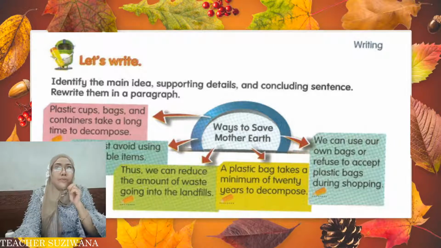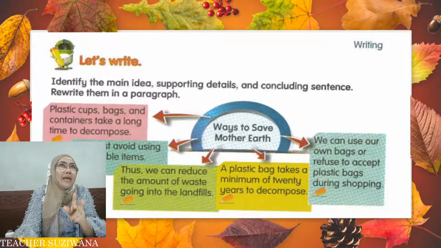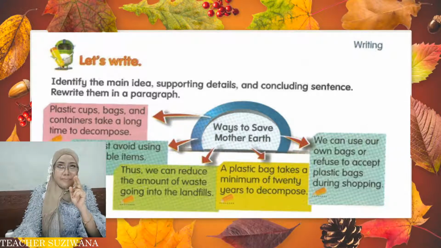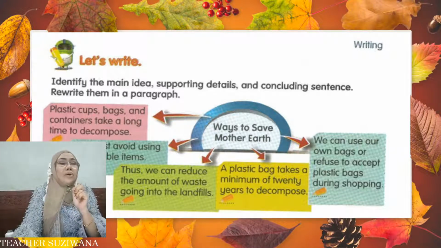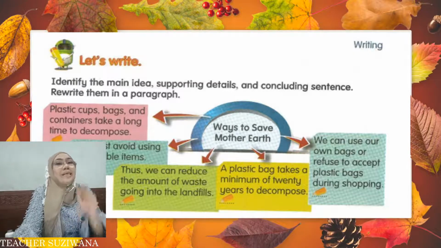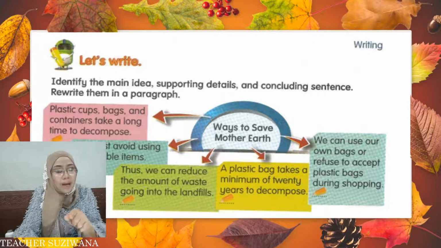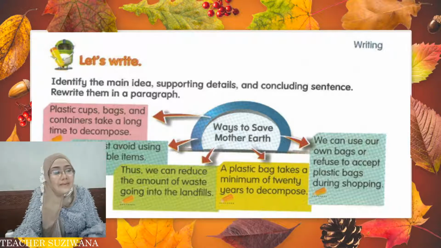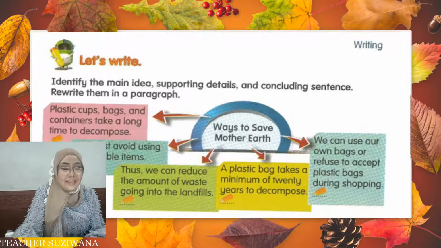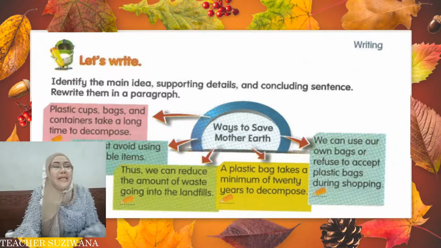So today's work, you have two paragraphs. The first one, you have to copy the paragraph and write the concluding sentence. And the second one, you have to identify the main ideas, supporting details, and concluding sentence, and rewrite them in a paragraph.